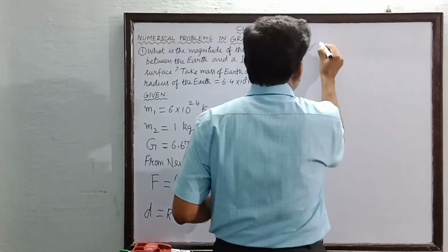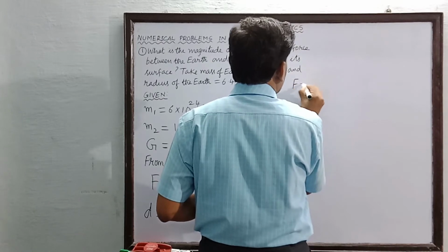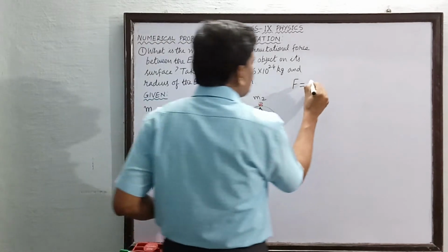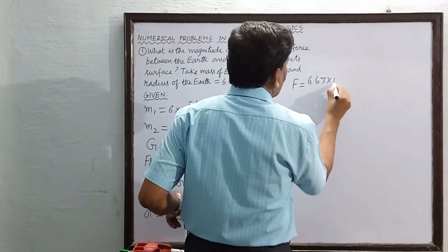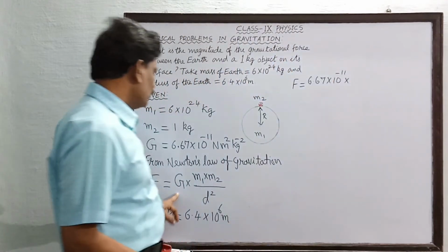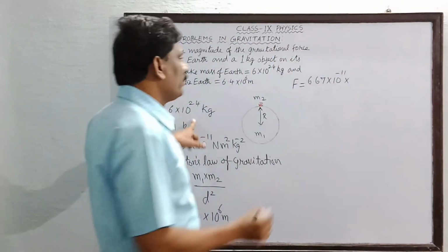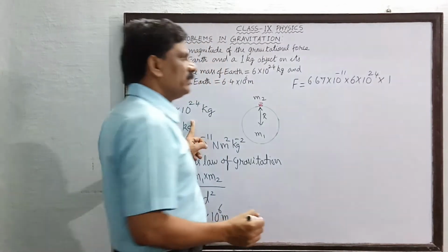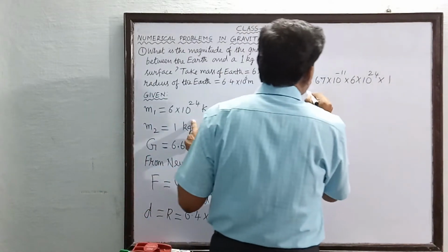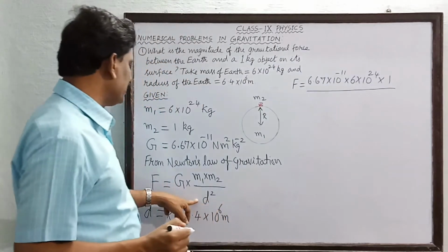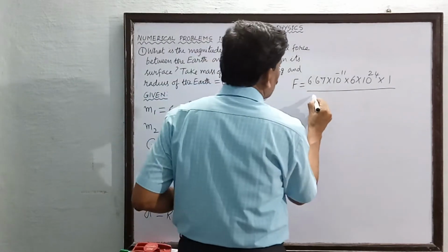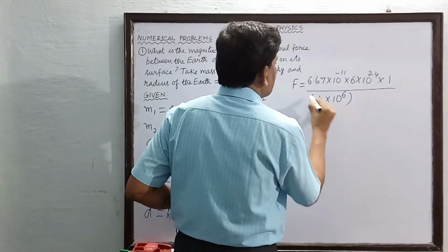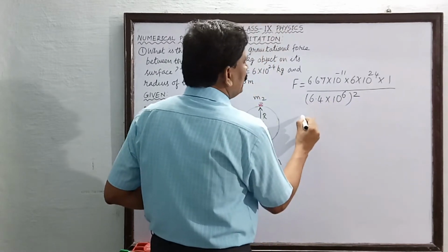Therefore F is equal to, the value of G first I will substitute, 6.67 into 10 to the power of minus 11, into mass of the earth m1, 6 into 10 power 24, multiplied by m2 equal to 1 kg, divided by radius square, 6.4 into 10 to the power of 6, the whole square.